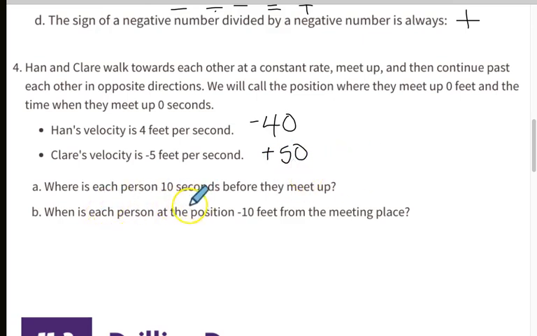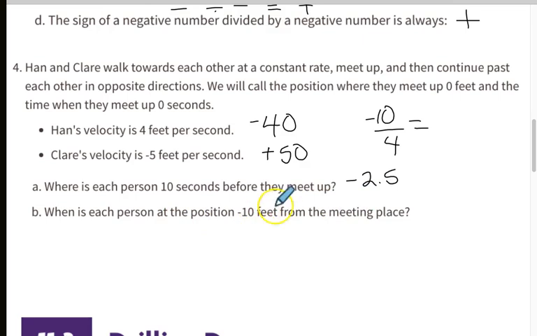When is each person at the position negative 10 feet from the meeting place? I know that Han can go 4 feet per second, and negative 10 feet from the meeting place, that means negative 10 divided by 4 is negative 2.5.